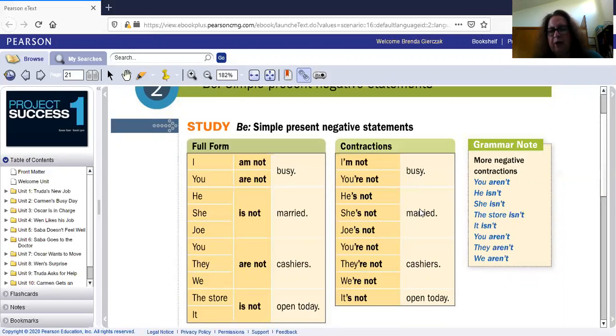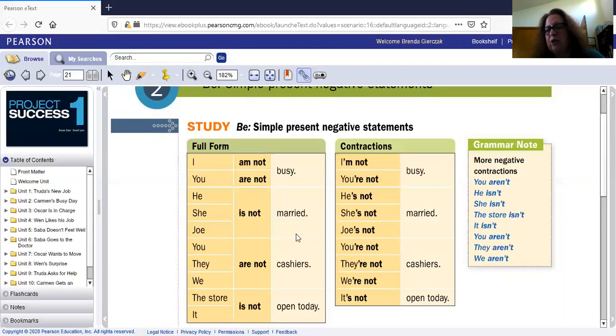You're not married. They're not cashiers. We're not cashiers. We're not open today. It's not open today. So you can take these words, am not, are not, is not, and make those contractions. All it really does is shorten the words just a little bit. Any way you say it will be okay.